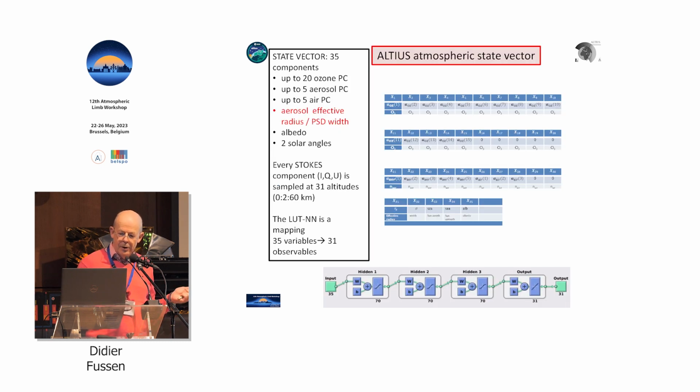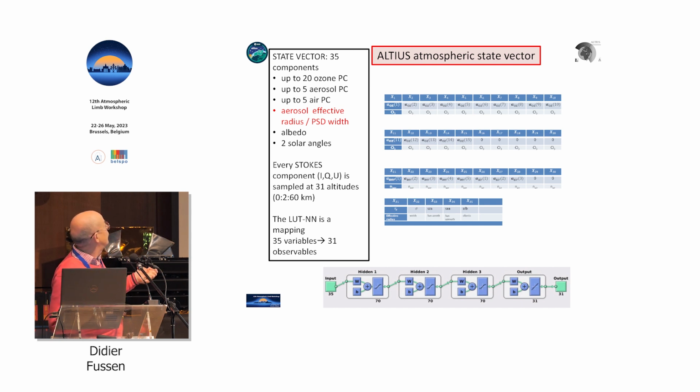This was the past, and now this is a quite stable situation where our state vector, the input of the forward model, consists of up to 20 principal components for ozone, 5 for aerosols, 5 for air, an aerosol effective radius, and a particle size distribution width, plus 1 effective albedo and the 2 solar angles.